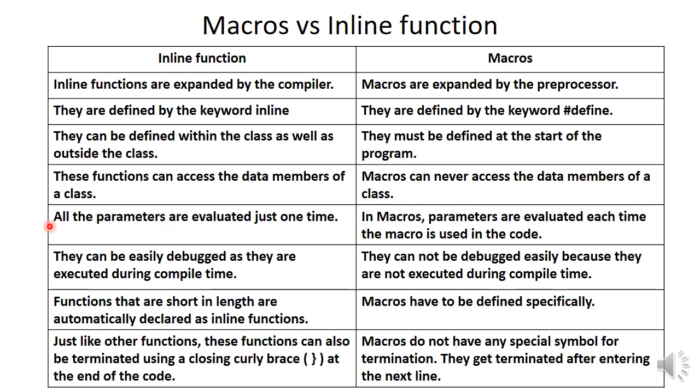All the parameters of inline functions are evaluated just one time, but in macro functions the parameters are evaluated each time the macro is used in the code. Inline functions can be easily debugged as they are executed during compile time. To debug means to remove the bugs or the errors. Macro functions cannot be debugged easily because they are not executed during compile time. Short inline functions are automatically declared as inline.